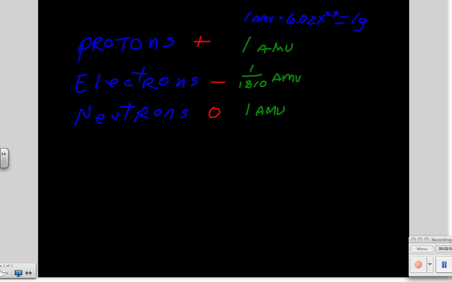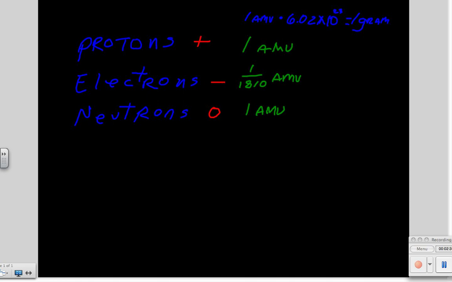It's going to be a big deal. We're going to use this relationship a lot. I didn't write that correctly, I have to get the 10 to the 23rd. Equals 1 gram. But we'll come back to that later.